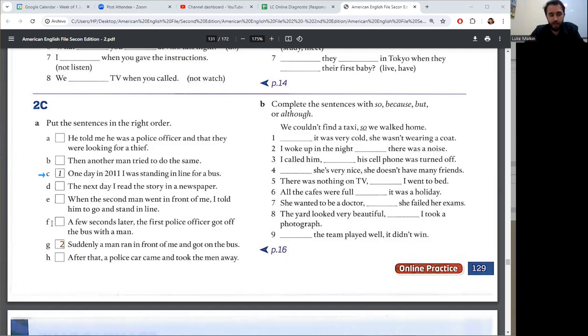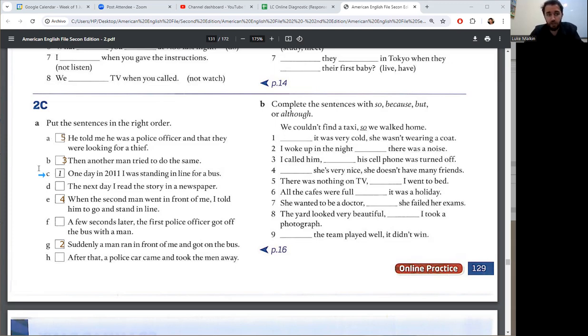Suddenly, a man ran in front of me and got on the bus. Then, another man tried to do the same. When the second man went in front of me, I told him to go and stand in line.